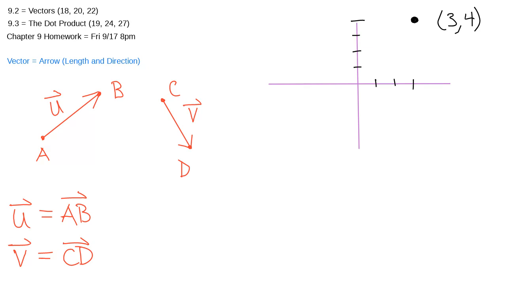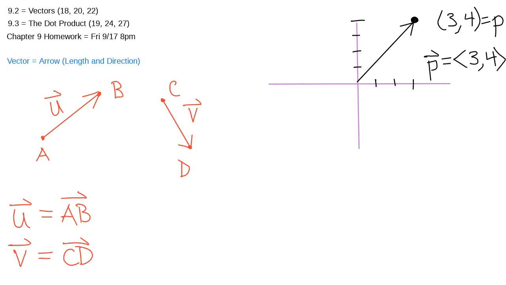If I draw a vector from the origin to that point, that vector could be described in several ways. So I'm going to say 3, 4 is the point P, if we're going to describe a point. But if I'm going to describe a vector, I could say the vector P is 3, 4.